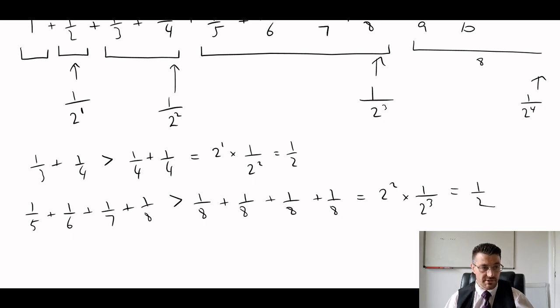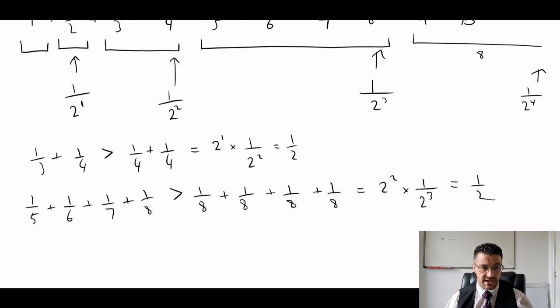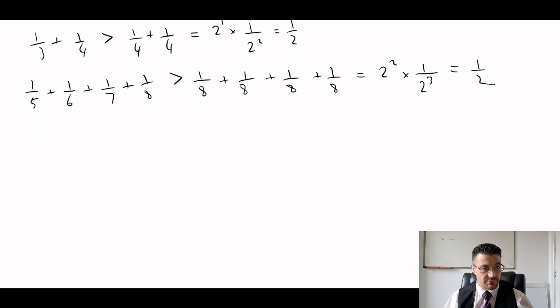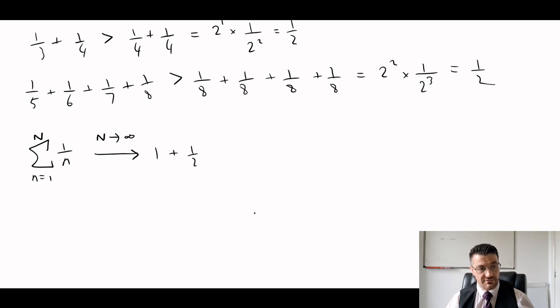You see where this is going? Each of these groups, the sum of the terms in each group is greater than a half. So what we end up with is that the sum from n equals 1 to n of 1 over n is going to approach, as n gets large, 1 plus a half.